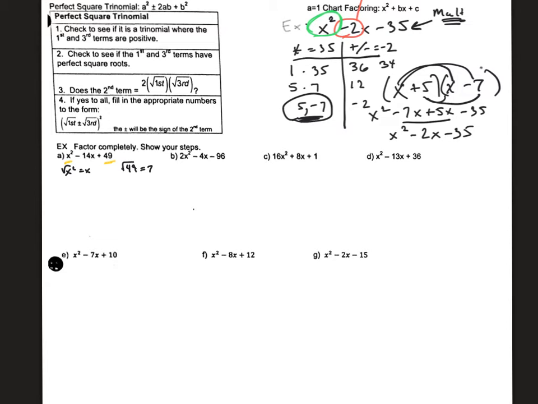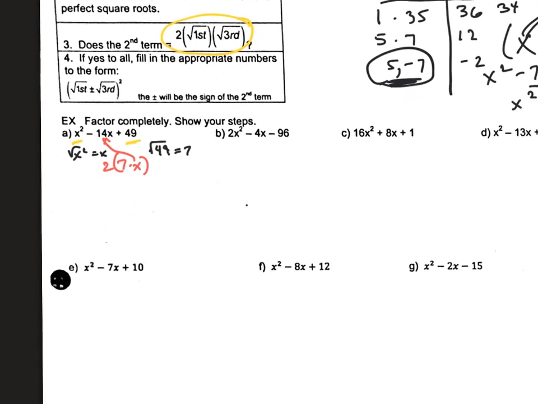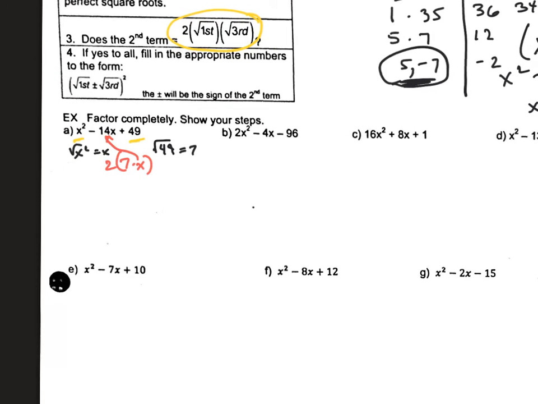Then what they're saying right here is if you multiply 7 times x and then multiply that times 2, if that's your middle term, then it is a perfect square trinomial. This doesn't really matter. We can still do this in the other way. This is just some extra details if you're looking for those extra details.